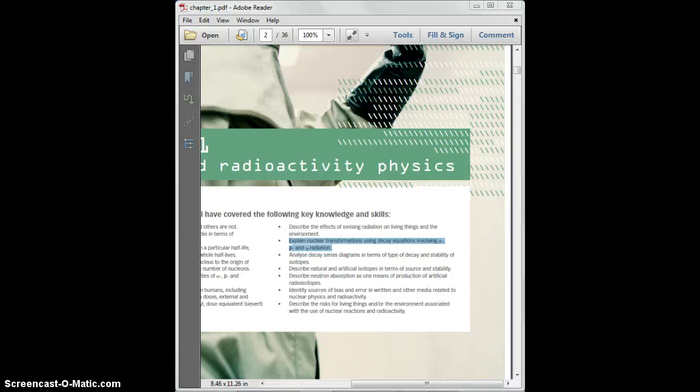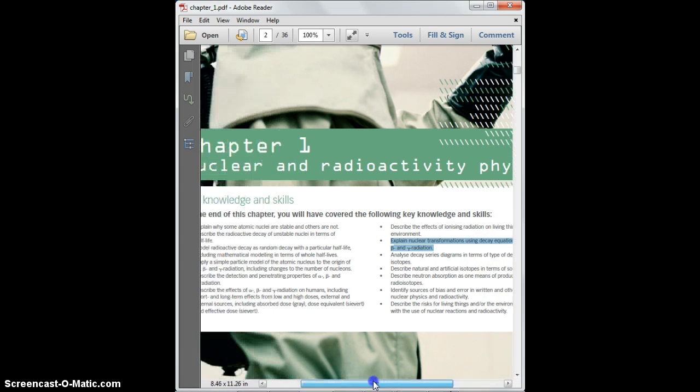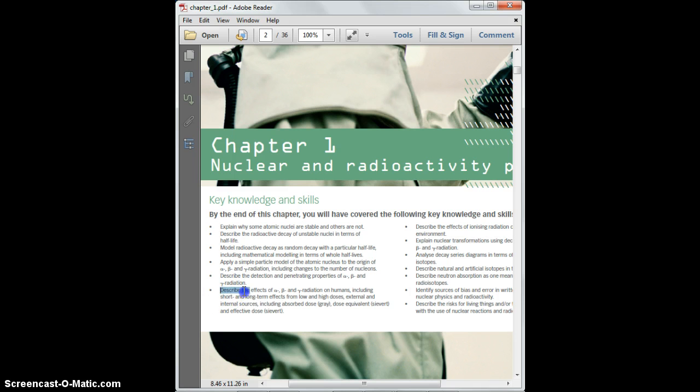So 2A, 2 marks, about half-life, dot point 2. 2B is about 1 mark and is about this dot point over here, nuclear transformation. 2C is 2 marks and is about this dot point over here, alpha, beta, gamma radiation.